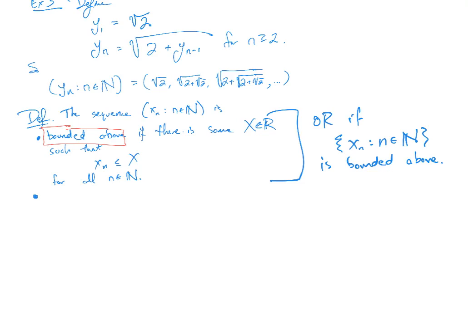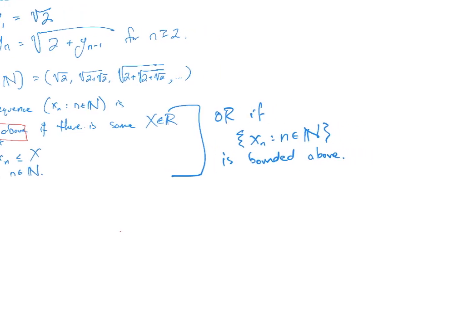And then, since sequences are technically functions, we could call this the range of the sequence. Our book uses that word. The range of a sequence is the set of its values.